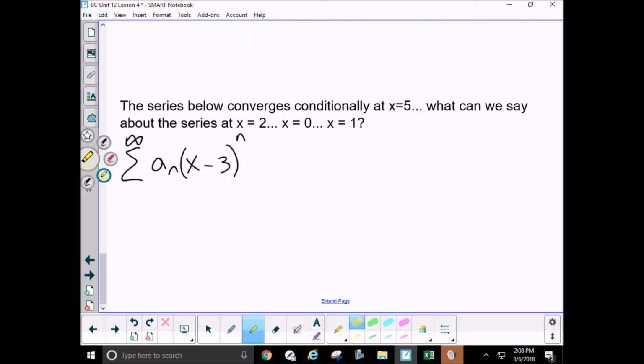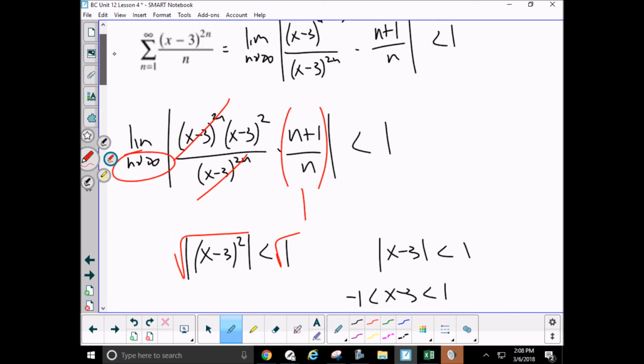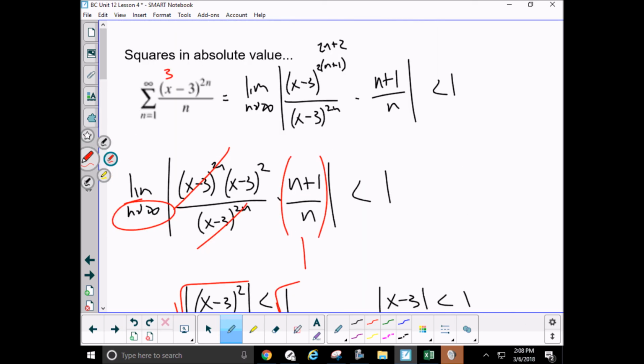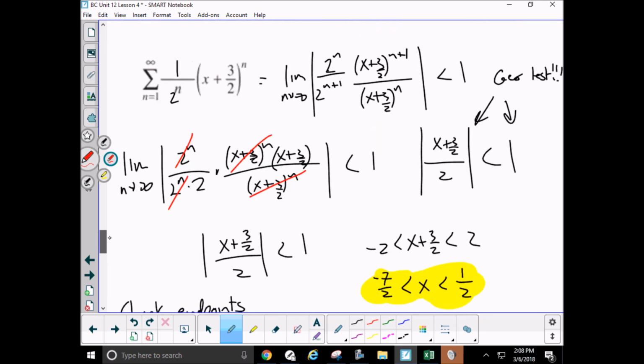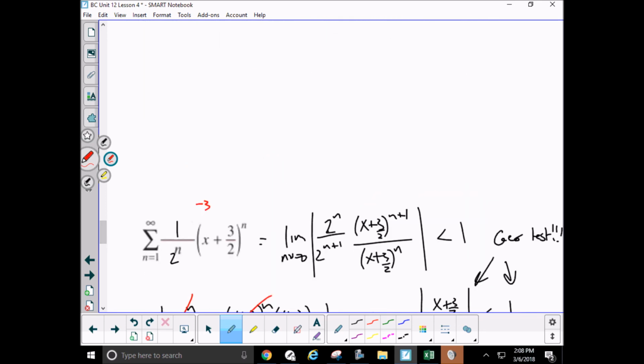Finally, we have a question. The series below converges conditionally at 5. What can we say about the series at 2, 0, and 1? All right, well, if we talk about a value that produces a 0, if this turns into 0, well, if you take a sum of anything that is 0, you know that we're going to have a converging sum.